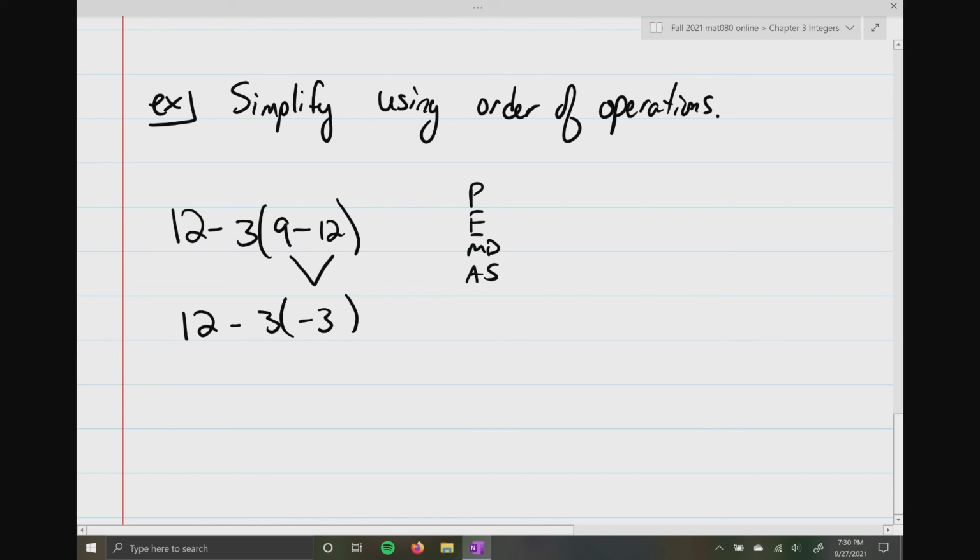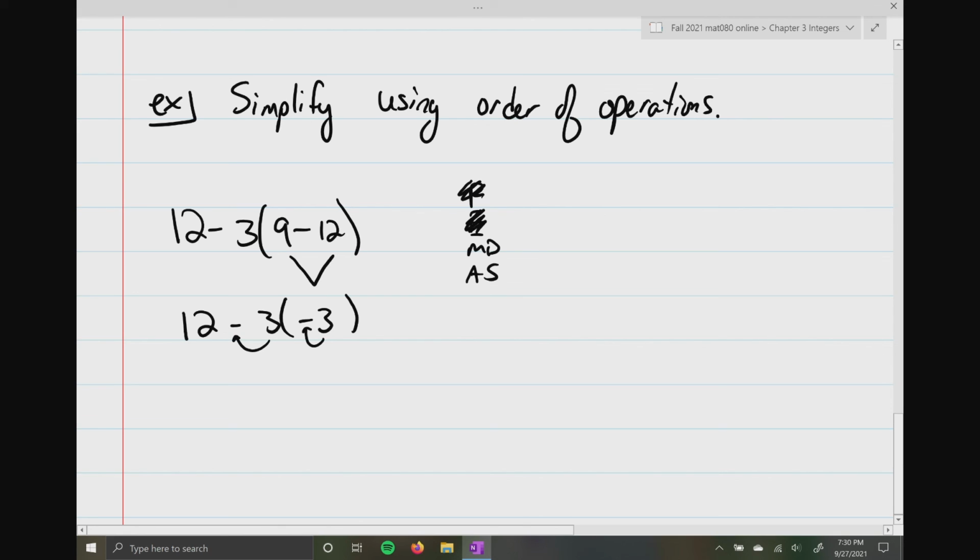Now I read it again. And all I've got to do is just follow my order of operations. There's no exponents to begin with, which is great. So if I read this, 12 minus 3 times negative 3. So I look at the sign in front of each number.